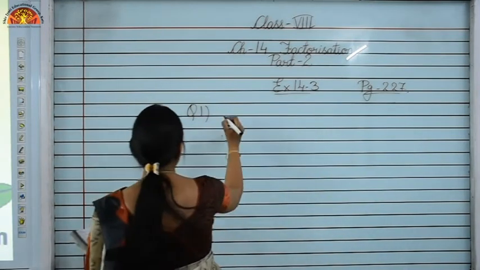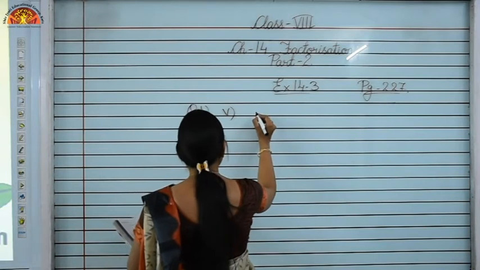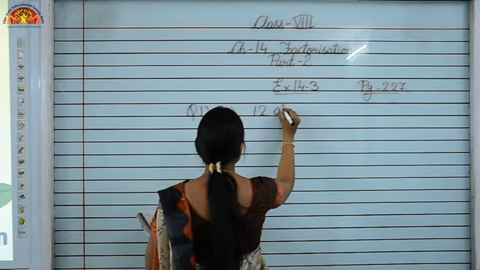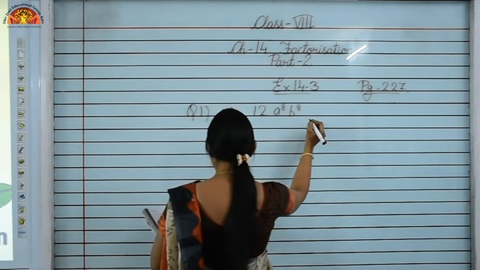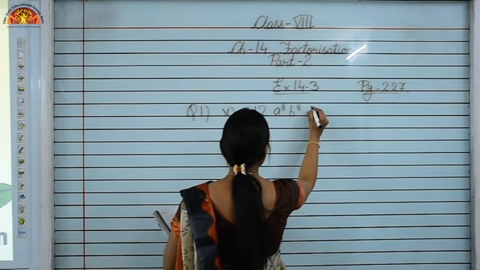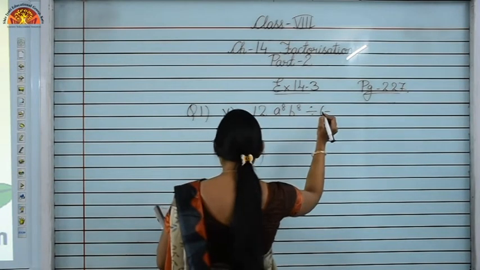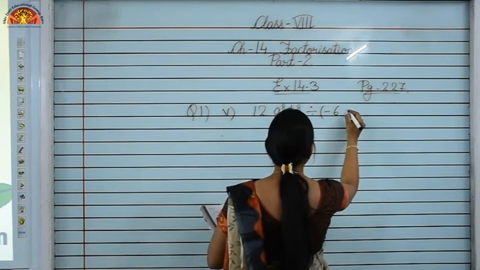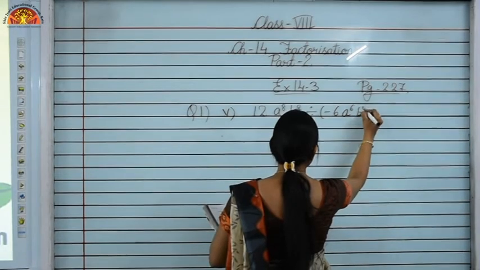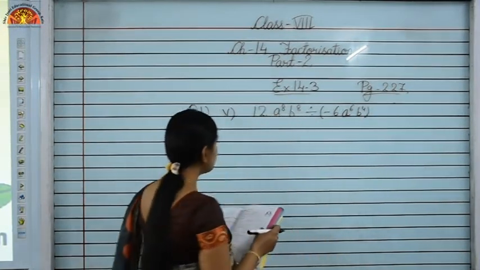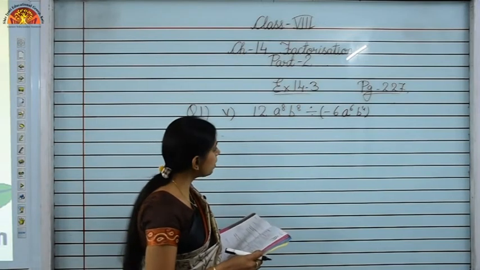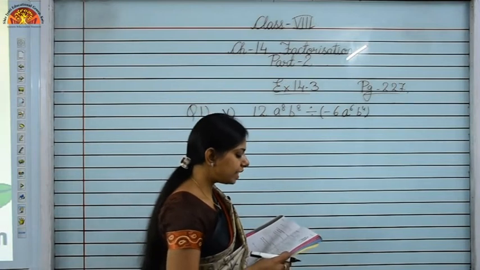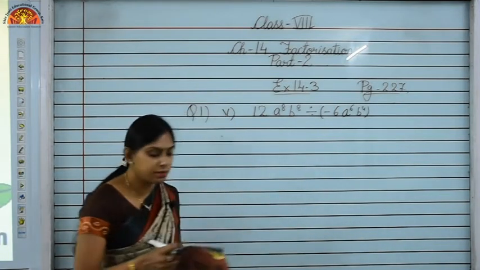So just see the fifth part: 12 a raised to the power 8 b raised to the power 8 divided by minus 6 a raised to the power 6 b raised to the power 4. So you can see, children, that 12 a raised to the power 8 b raised to the power 8 is divided by minus 6 a raised to the power 6 b raised to the power 4.